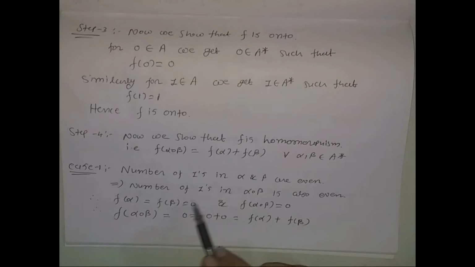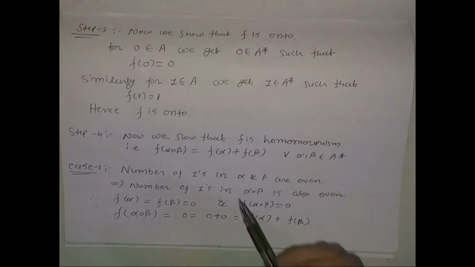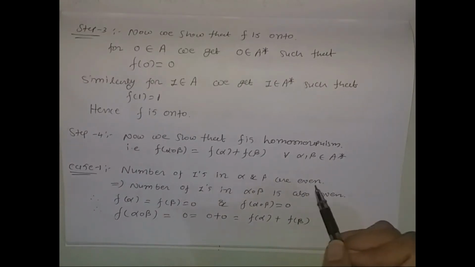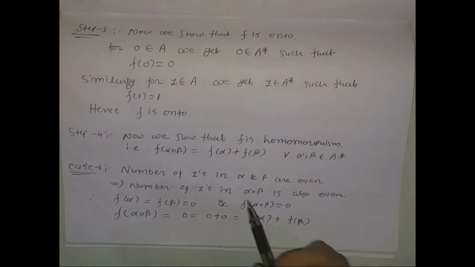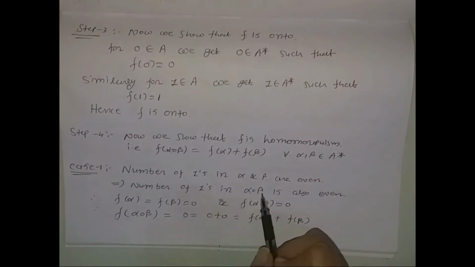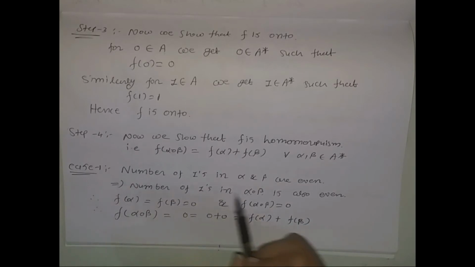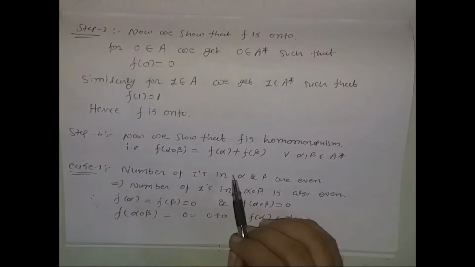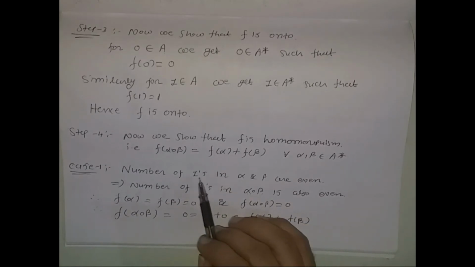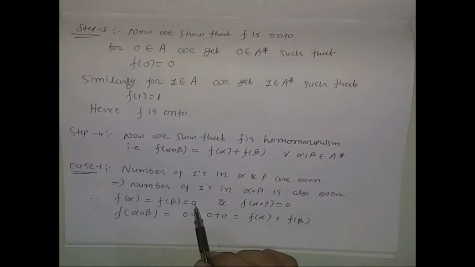That is, the number of 1s in alpha catenation beta is also even, because the addition of two even numbers is again an even number. So in this catenation alpha catenation beta, the number of 1s is again even. So there is an even number of ones in alpha, so f of alpha is equal to 0.